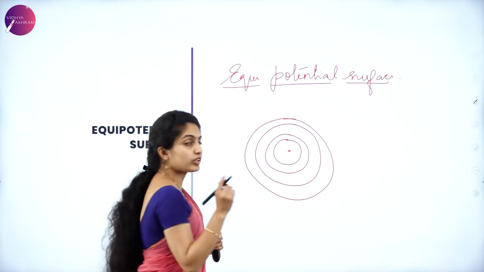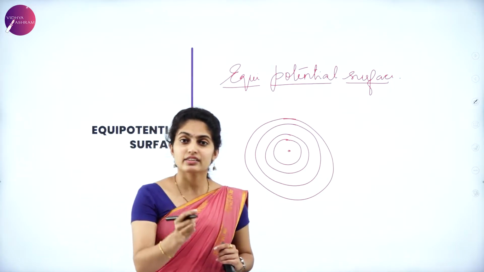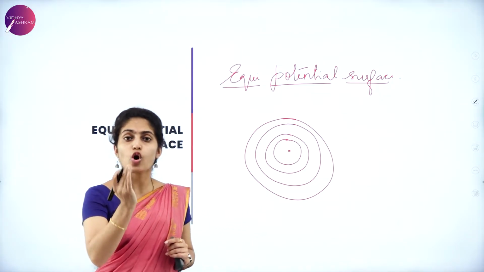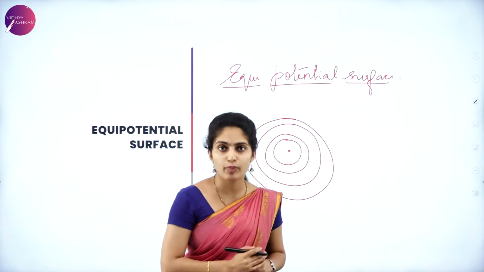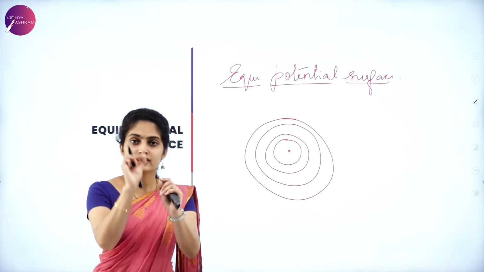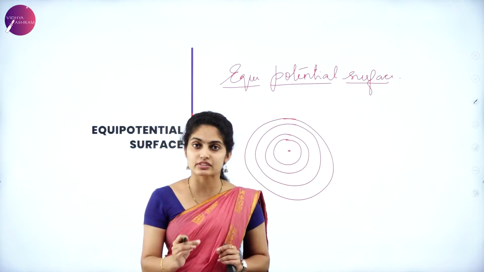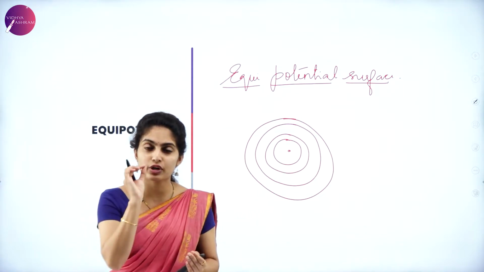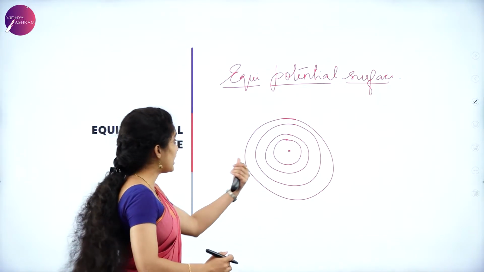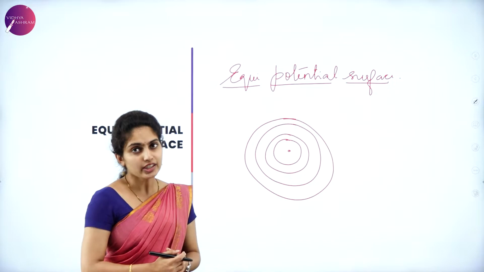Okay, so what is equipotential? The potential which lies on the surface at all points. So for a point, the surface is nothing but the circles, that is a concentric circle. So how do you represent for a point charge the equipotential surface? It is with the help of a concentric circle.